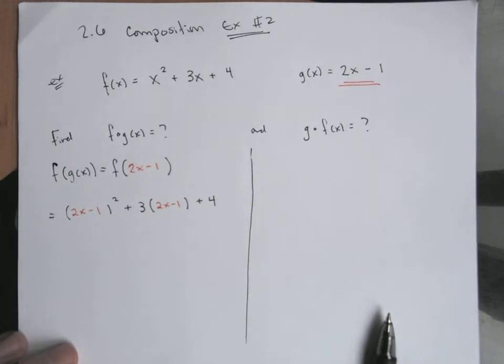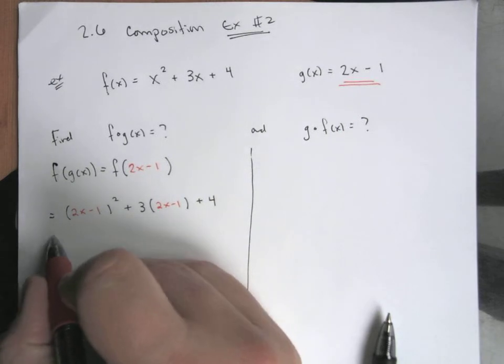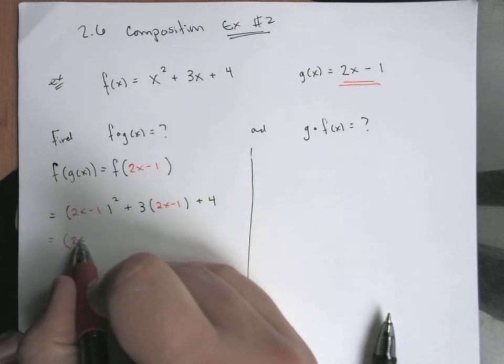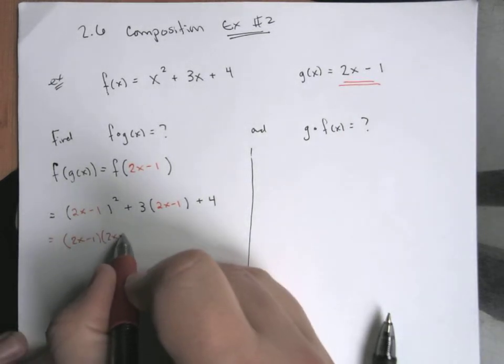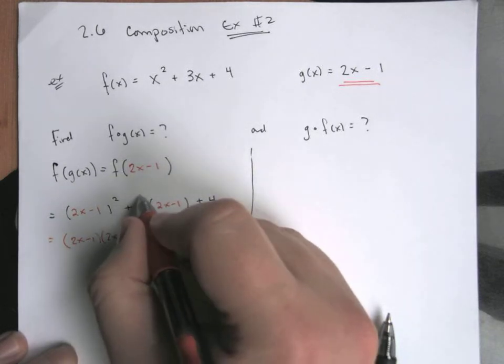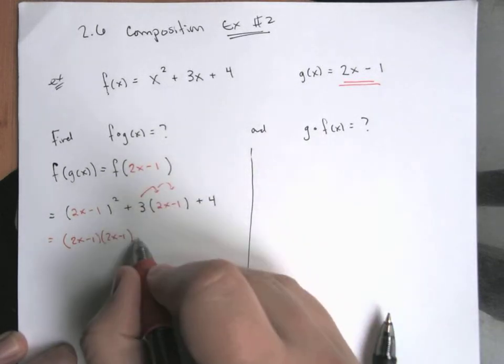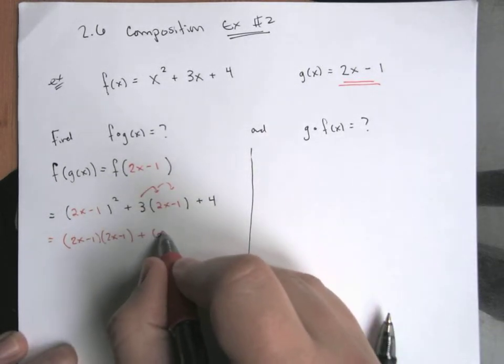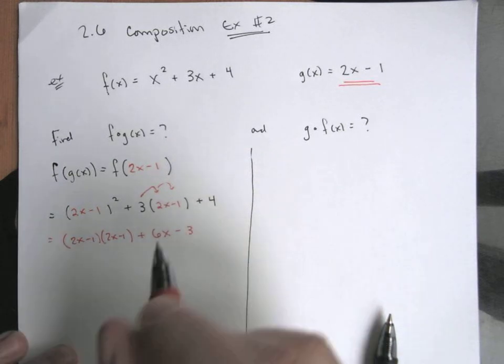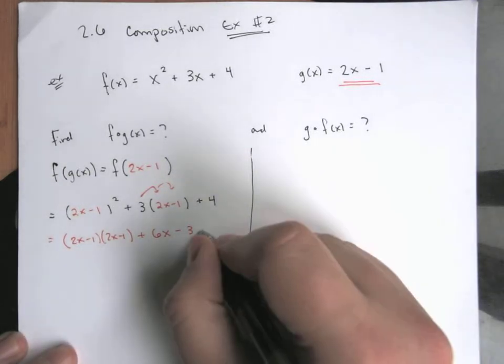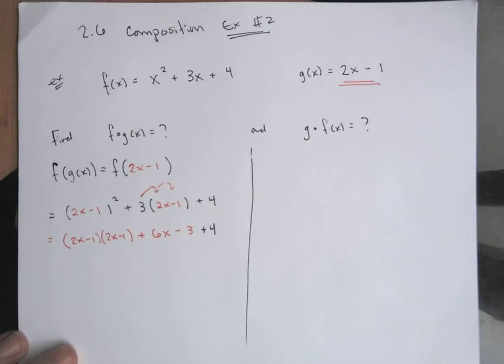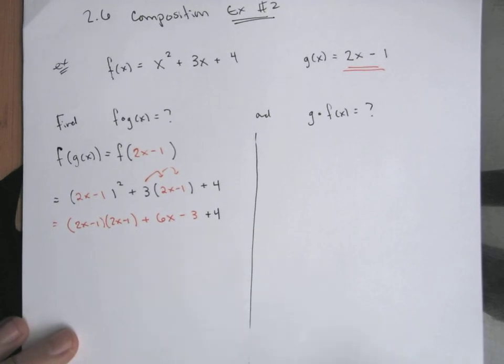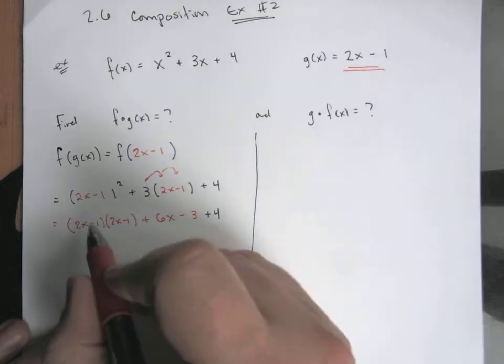And then we get 2 things. This really is 2x minus 1 quantity squared. So this is them side by side. Plus 3 times 2x is 6x, 3 times 1 is minus 3, plus 4. So we can either FOIL this out or do our box multiply.